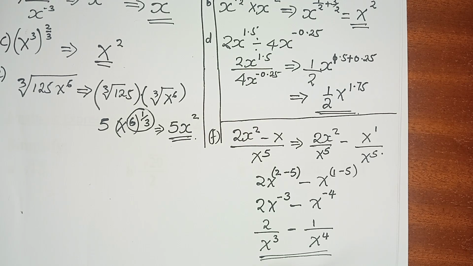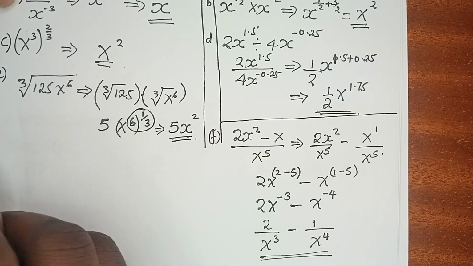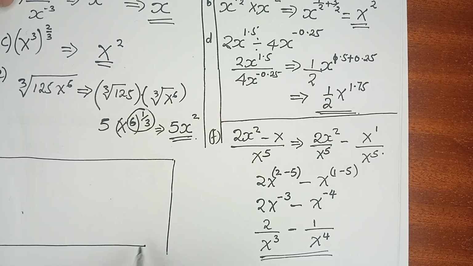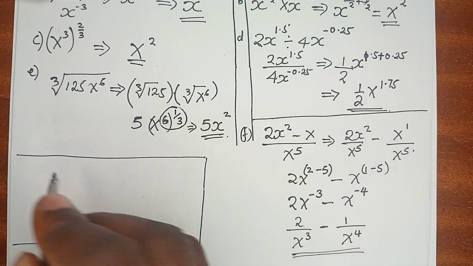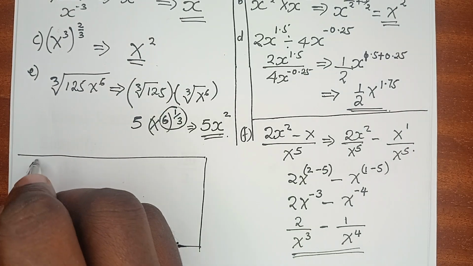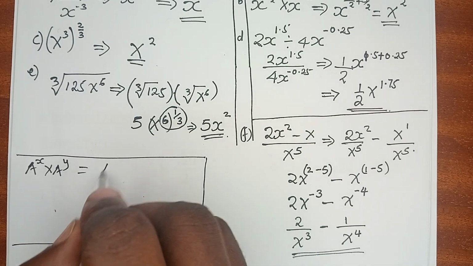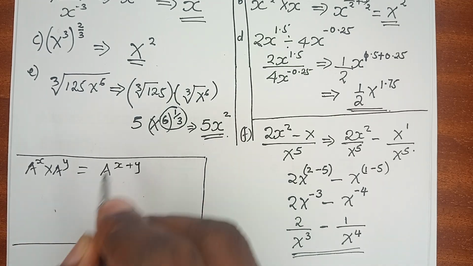So basically, if I may want now to summarize the laws of indices here, we know that a raised to power x times a raised to power y is a raised to power x plus y.